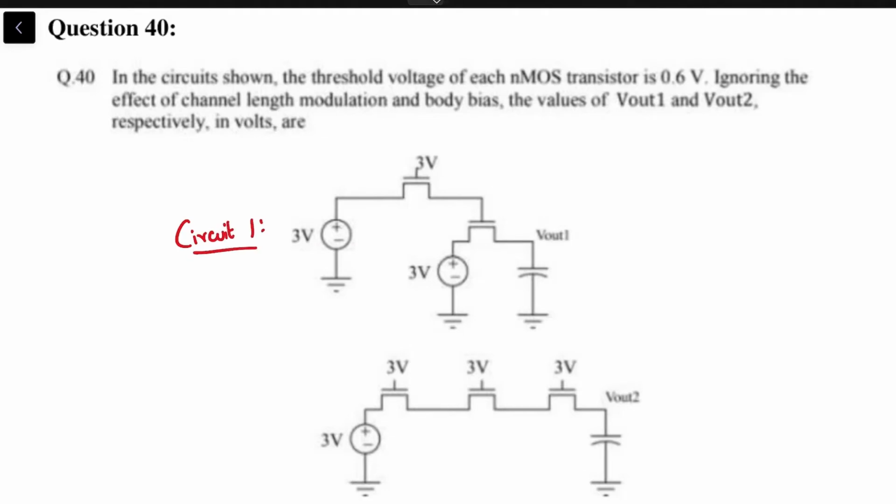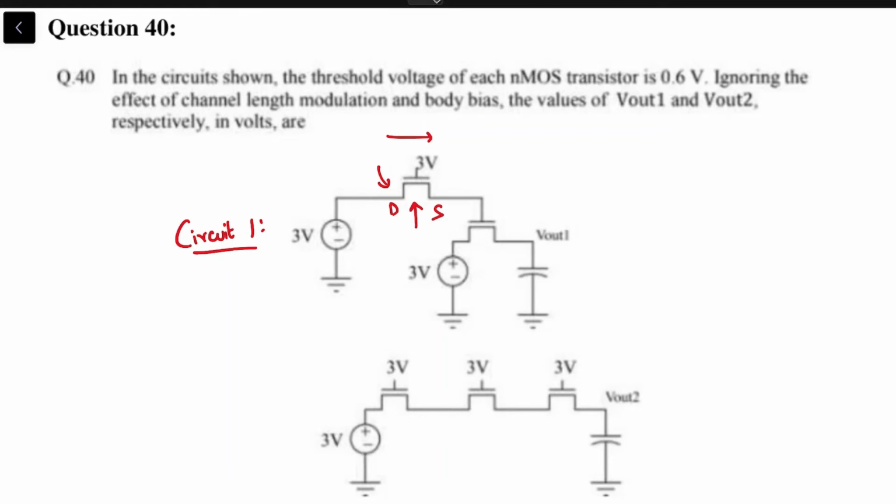So in this circuit, this transistor has a gate voltage of 3 volt and a drain voltage of 3 volt as well, right? Remember that if current is flowing this way, this is the drain and this is the source.